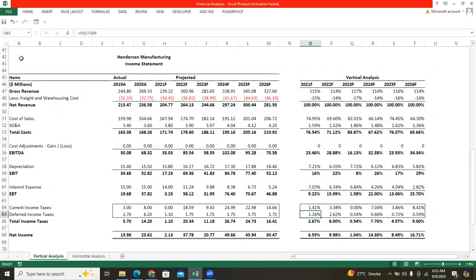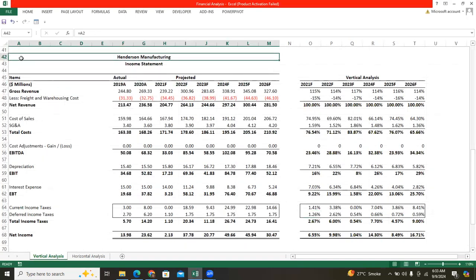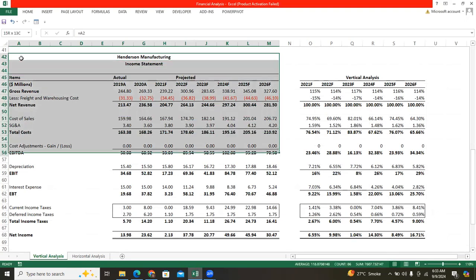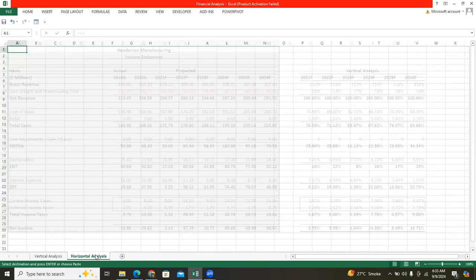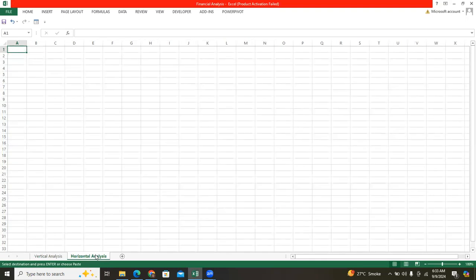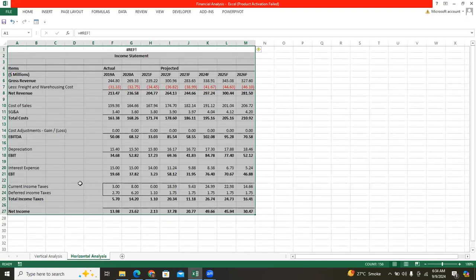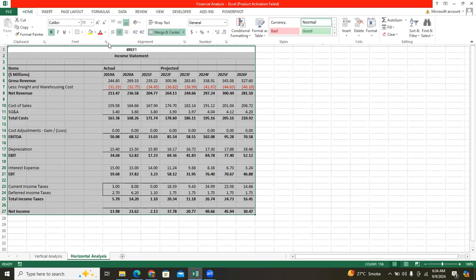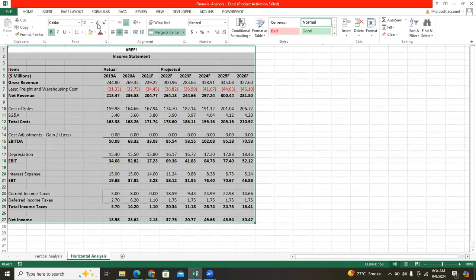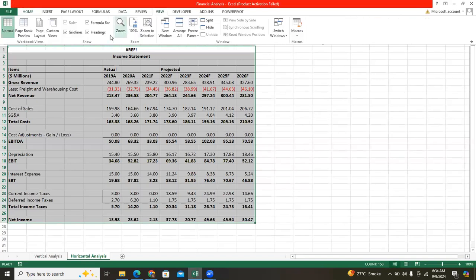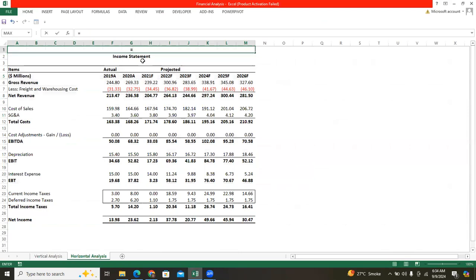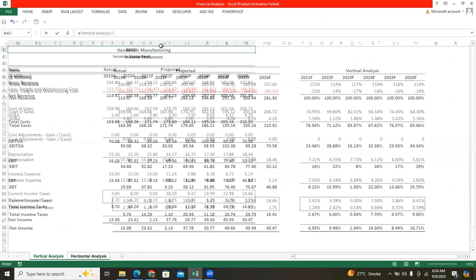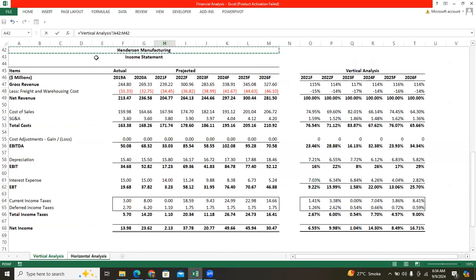How do I relate the things of an income statement? It showed a reference error because I was referring to the name.